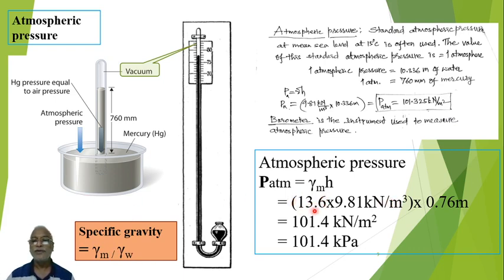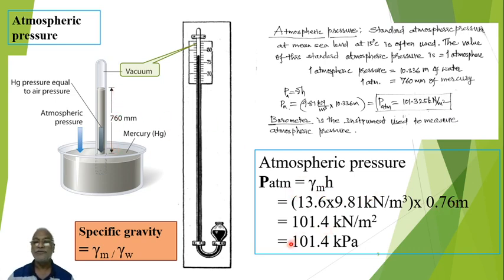We all know that specific gravity of mercury is 13.6, and specific weight of water is 9.81 kilonewton per meter cube. That's how this whole expression becomes gamma m multiplied by h, which is 0.76 meters.